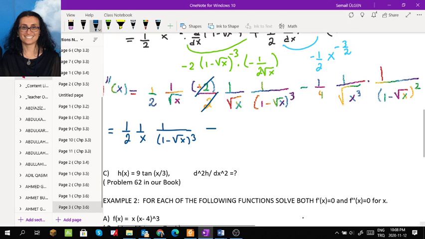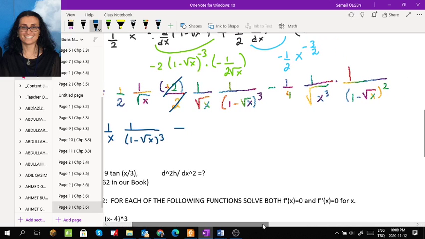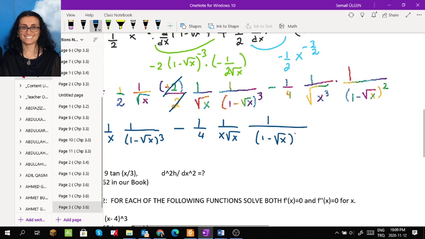Any cancellations here? Not necessarily. So let's write it down. I have here negative 1 over 4, 1 over x, square root of x, because 1 over square root of x cubed is equal to this, and 1 over 1 minus square root of x to the second power.